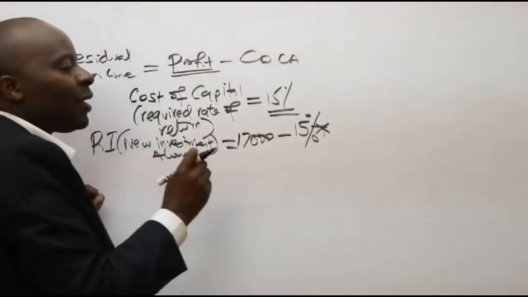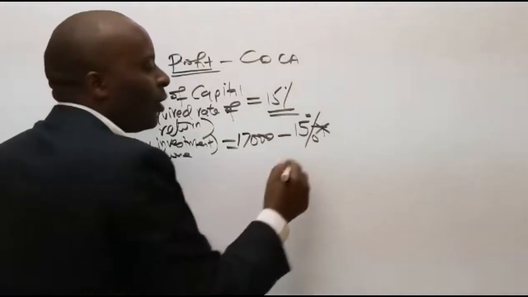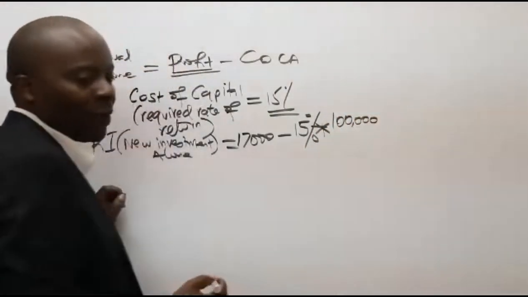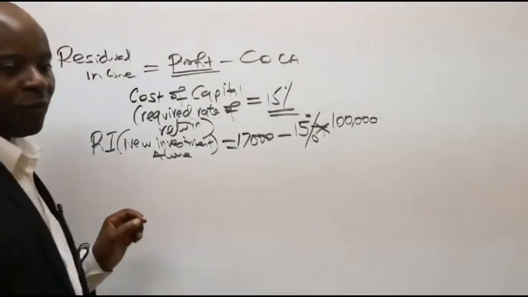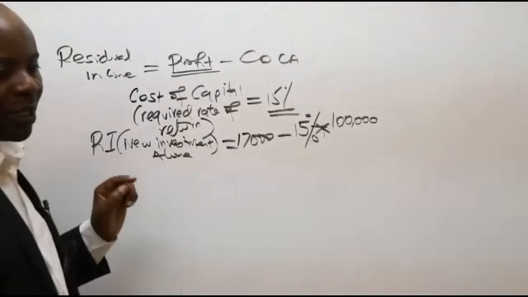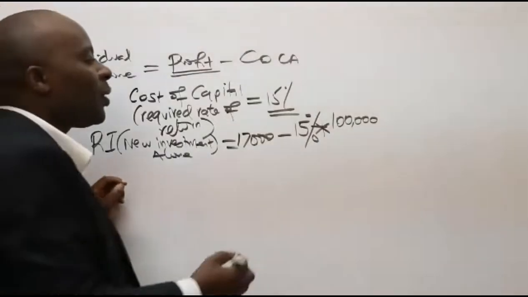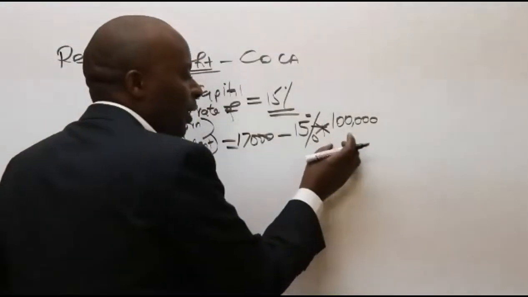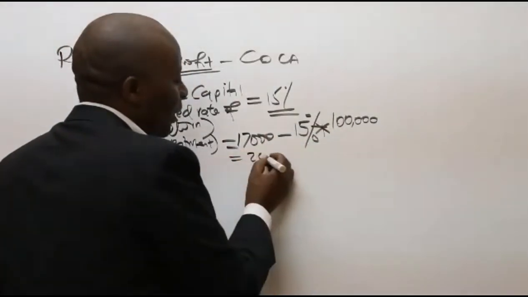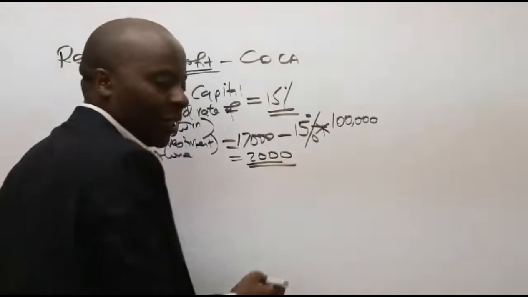The capital to be invested in the new investment, you gave me a figure of 100,000, right? So 17,000 minus 15,000 gives me a residual income of 2,000.